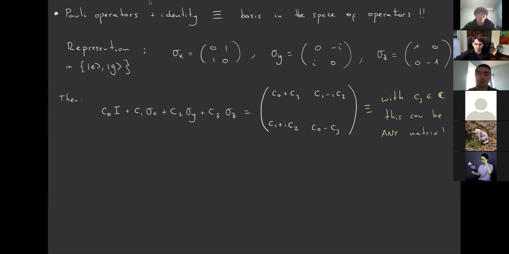So now, if this can be any matrix, this means that we can create the representation of any two-dimensional operator with this linear superposition, which means that any operator in dimension 2 can be written as a linear combination of the corresponding identity and Pauli operators. Okay? So is this clear? So just a very, very simple proof in this case.